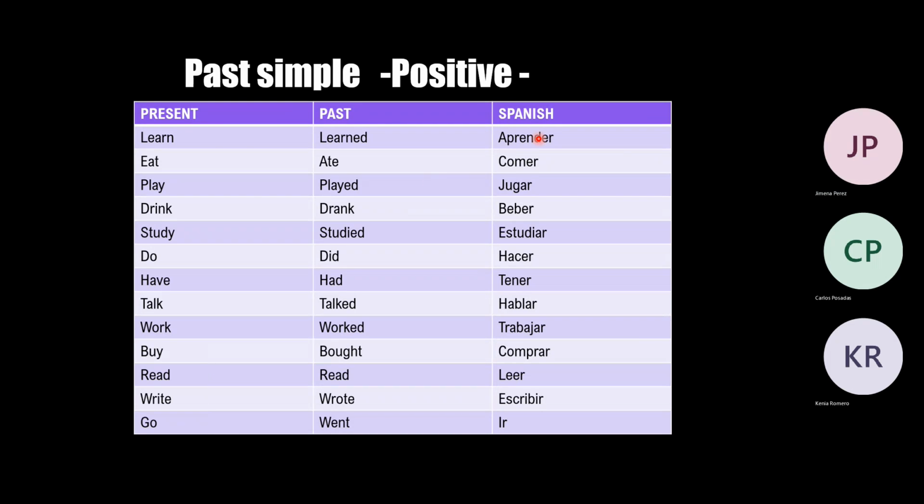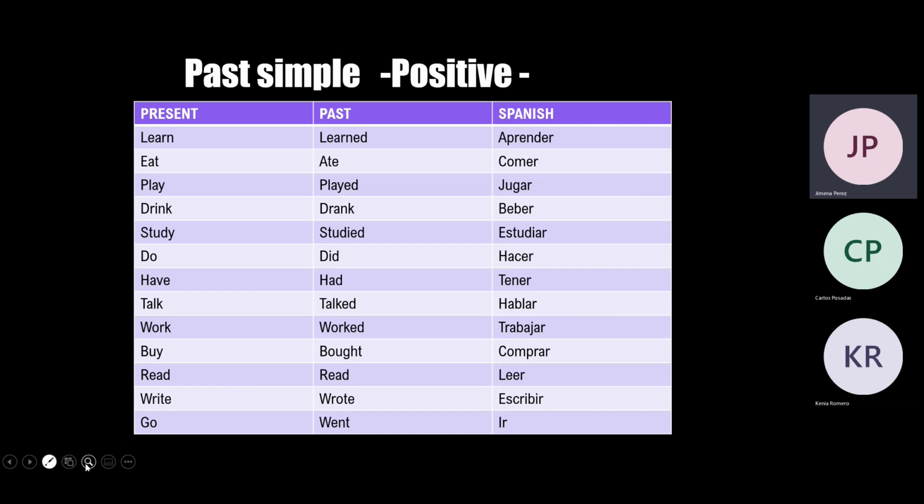We have, for example, learn and learned, eat and ate, play and played, drink and drank, study and studied, do did, have had, teach taught, work worked, buy bought, read read, bring brought, go went. As you can see, read and read didn't change. So we have some verbs that are regular and irregular.